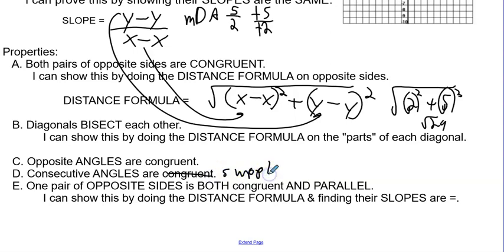So let's go ahead and fix that right now. One pair of opposite sides is both congruent and parallel. So if you just know one pair is congruent and parallel, you can stop there. So if you do the distance formula and slope on one pair of them, you can stop. You don't have to do all 4 sides.